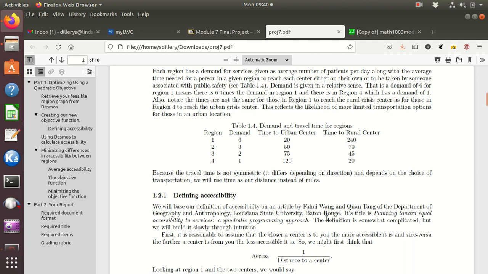The title of their paper is Planning Toward Equal Accessibility to Services, and they say a quadratic programming approach. So in other words, they're going to use a quadratic objective function instead of linear.